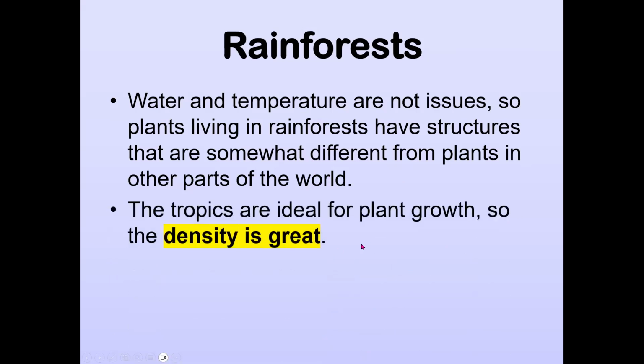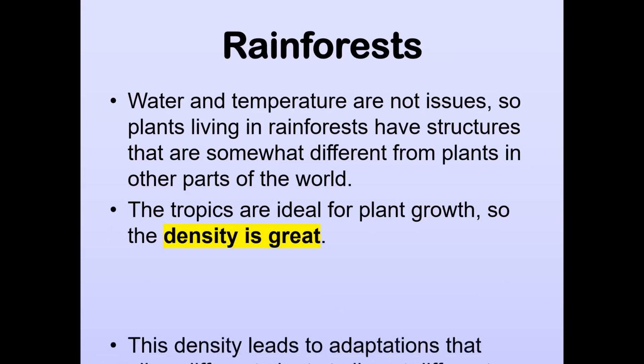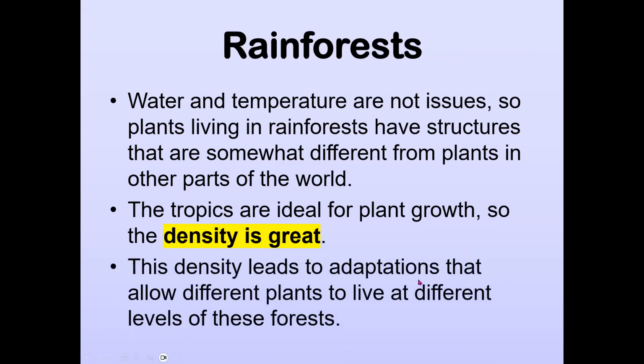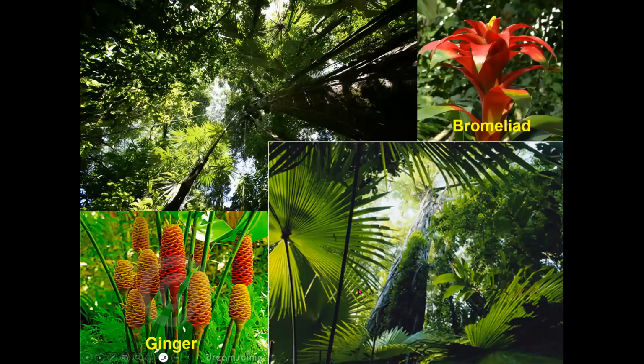In the tropics, because it's warm and it's wet, it's ideal for growing. The density is very great, and this density leads to adaptations that allow them to survive in these levels of forest. So they actually have stories, levels. And I've found a few photos to show you.